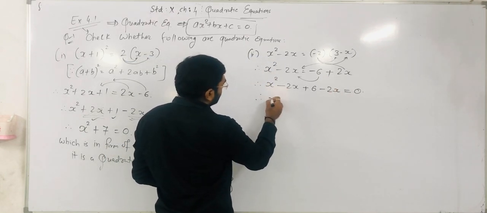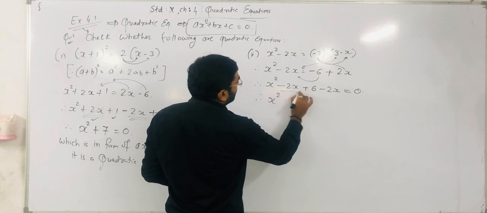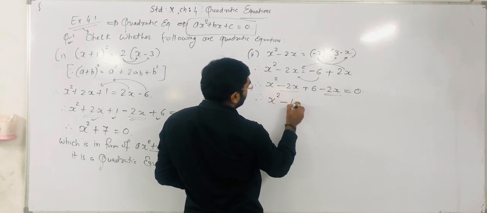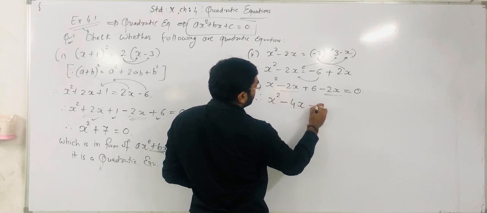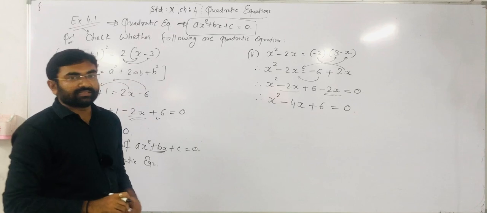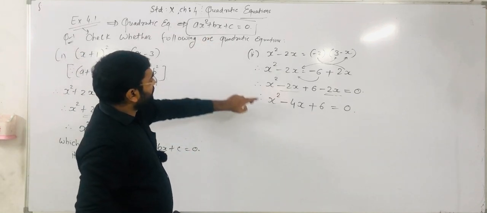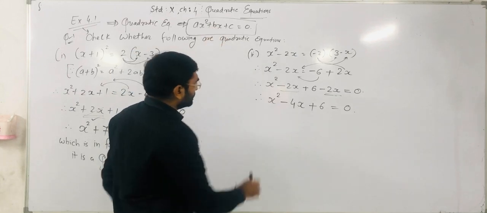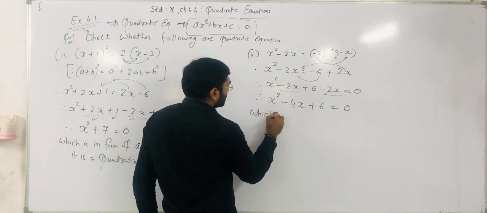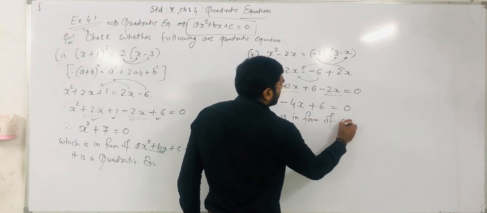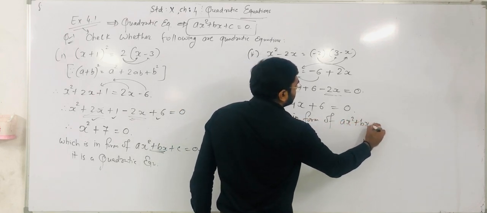So what do we get in conclusion? x², and regarding the two x terms, minus 2x minus 2x, its addition becomes minus 4x, plus 6 is equal to 0. So at last we get this equation. Compare it. So we can say it is in the form ax² + bx + c = 0.